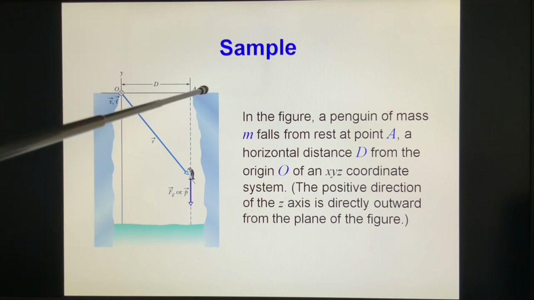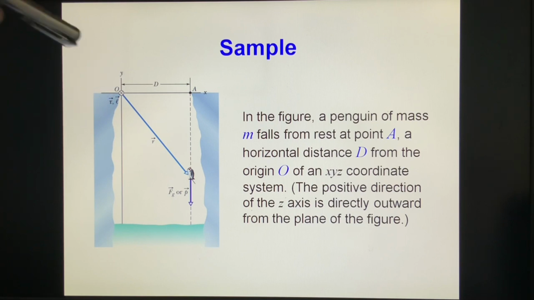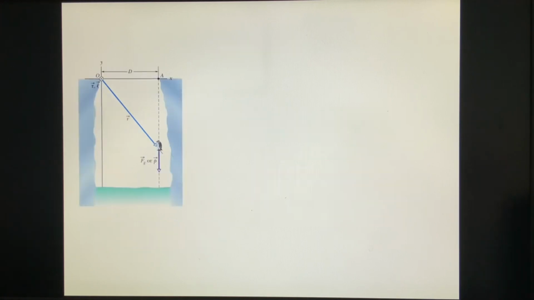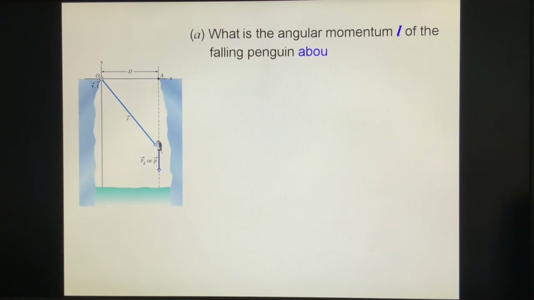This is X, this is Y, Z is outward. The positive direction of Z is directly outward from the plane of the figure. Question A. What is the angular momentum L of the falling penguin about O?